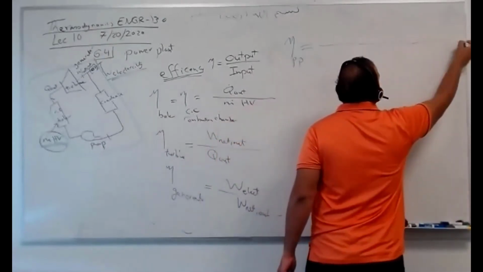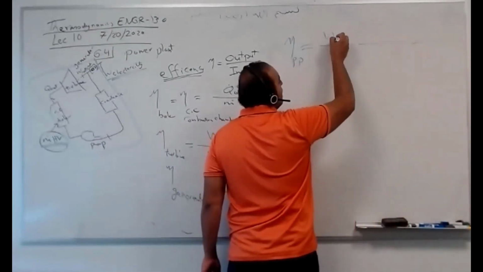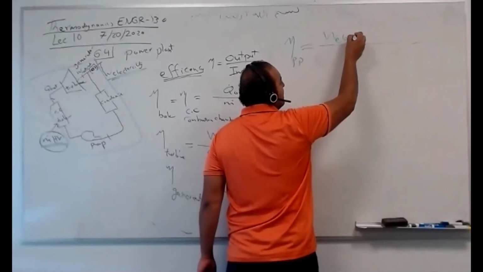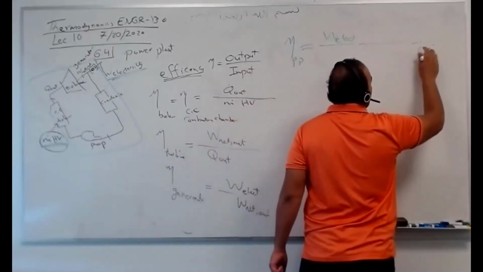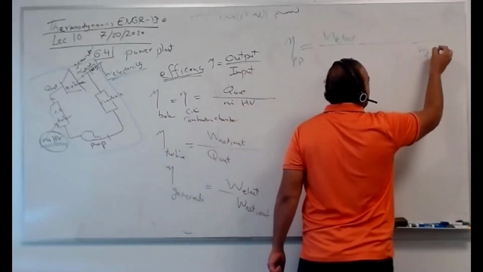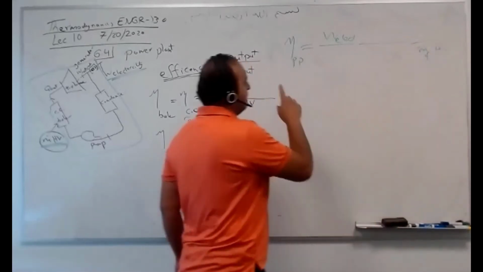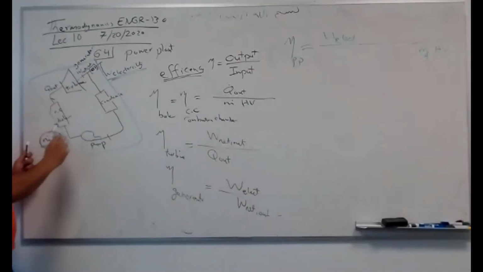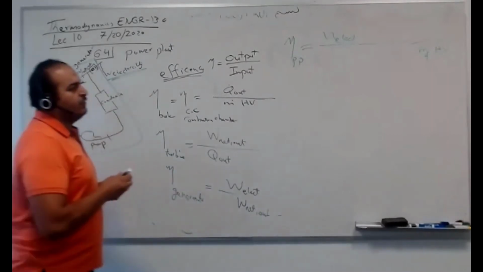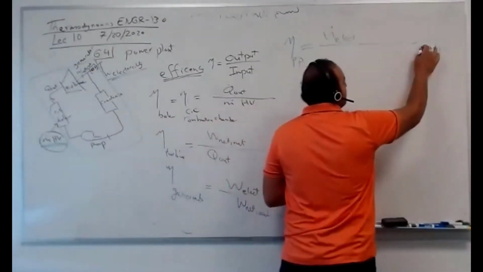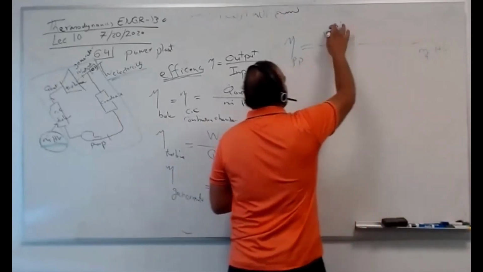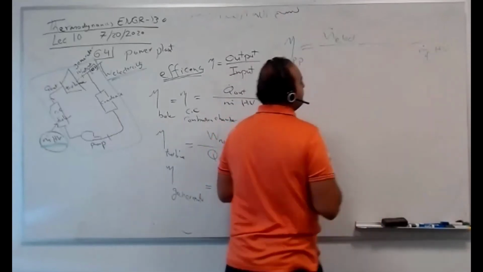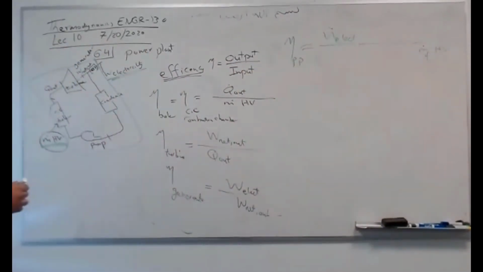Output, which is W electricity, divided by Q, actually M dot fuel HV. Correct? It's W electricity over this. Output over input. If you want rate. If you don't want rate, remove the dot. It's okay. Both are correct.